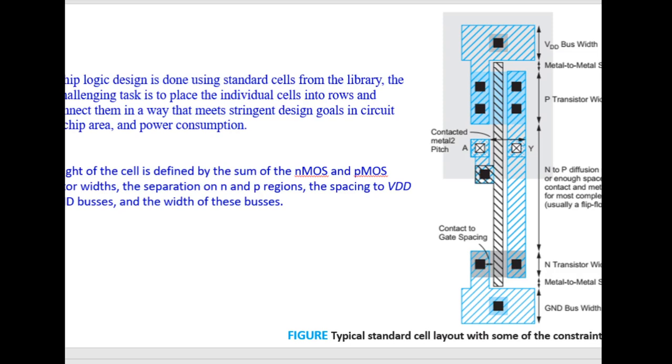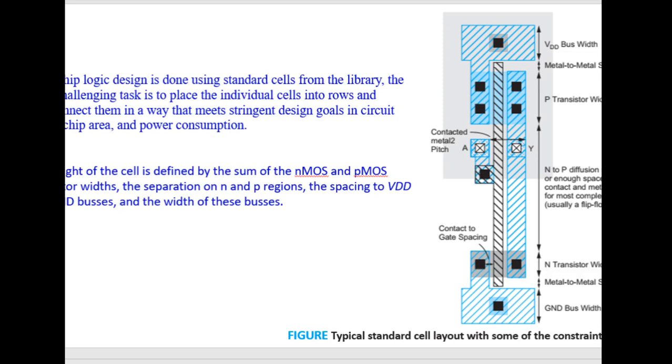These blue colored rectangles represent metals. There is a small gap here, metal to metal spacing, and there is a small gap here also. This is metal to metal spacing.